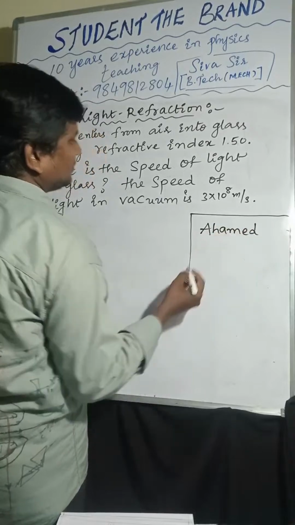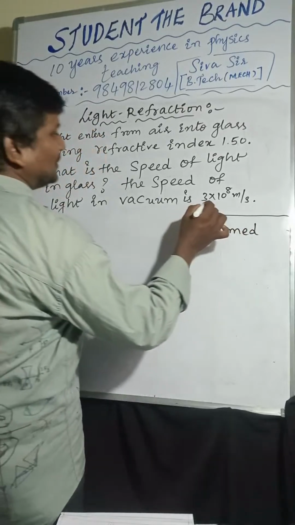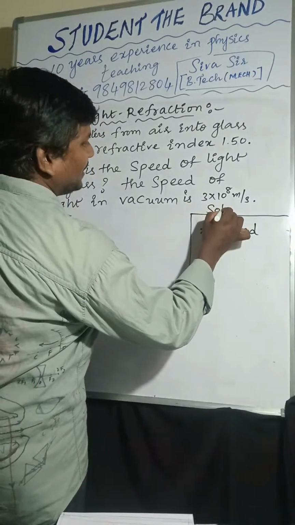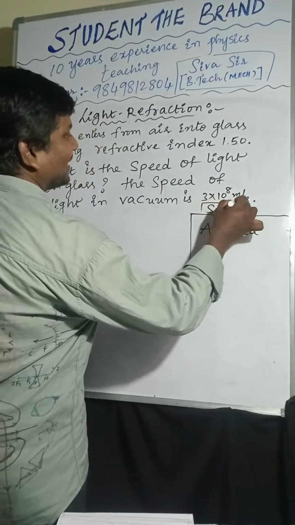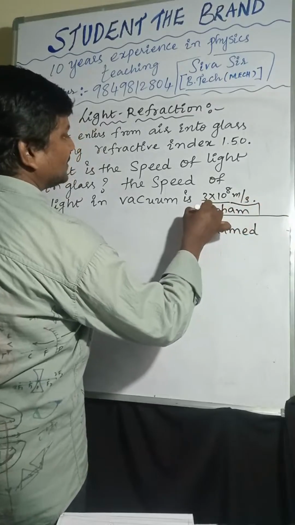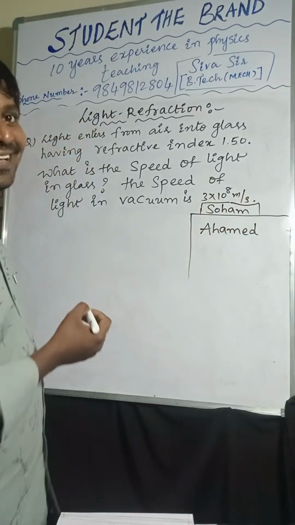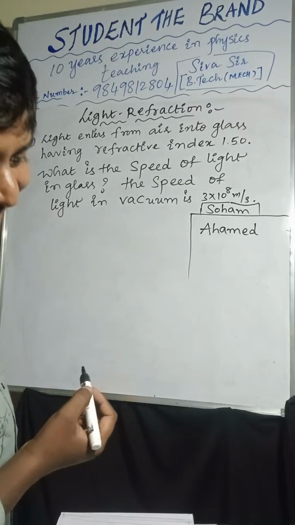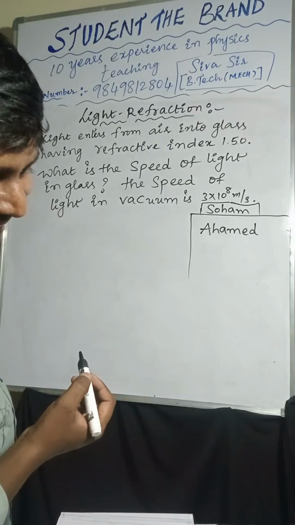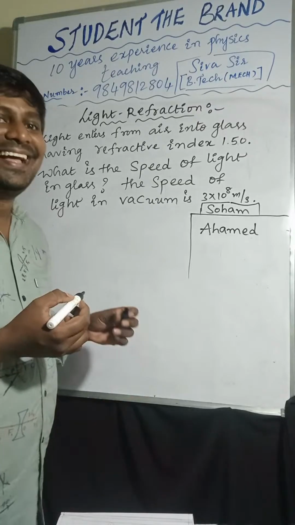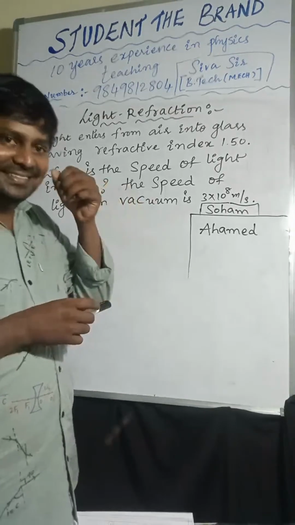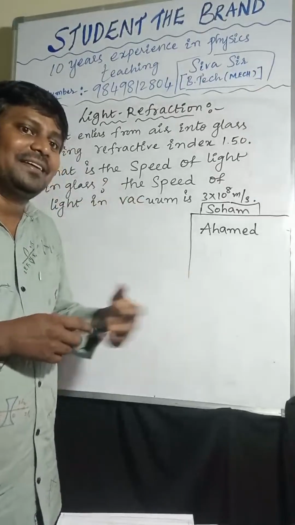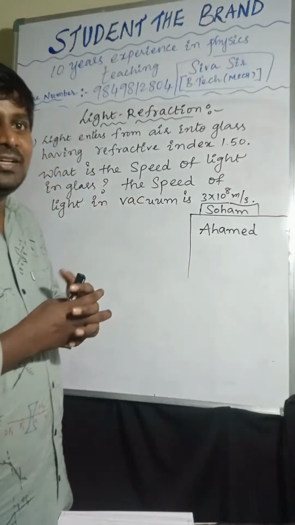And Soham is always out of the box. I'm writing out of the box in the top place. Okay, Soham. Because this is my student, currently and in the past, future and present also my student only.